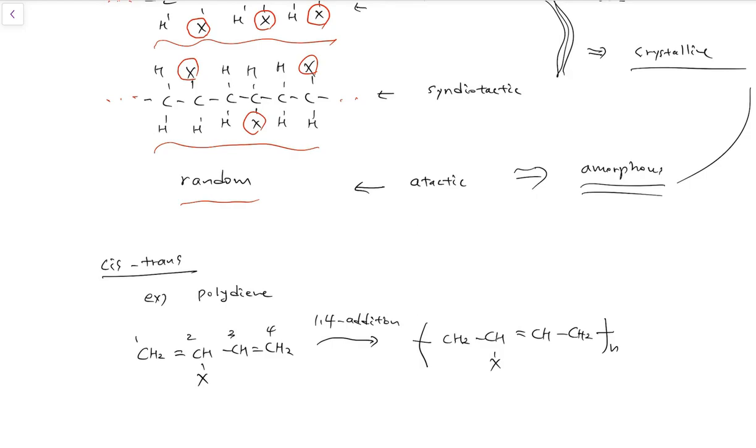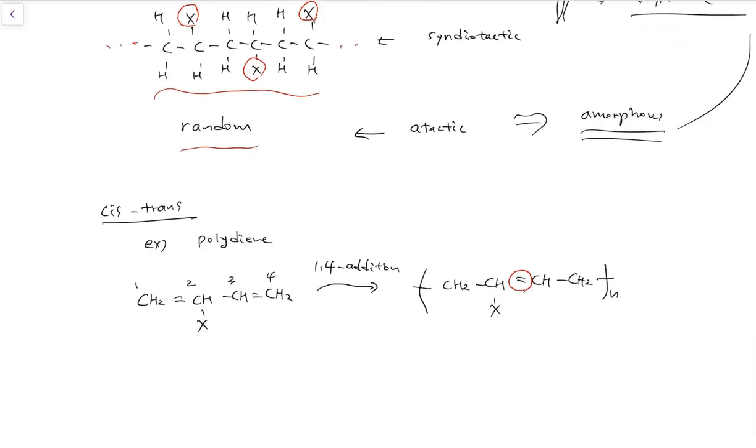Here is a carbon-carbon double bond, which could have two different structures. Sorry, let me try it again. The resulting polymers would have either this structure or this structure, either cis or trans, which cannot be interchanged without breaking the bond. This is another example of polymeric configuration.